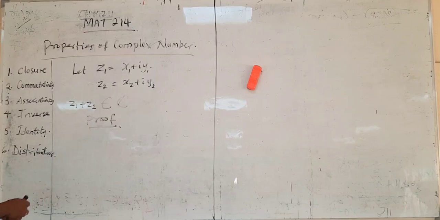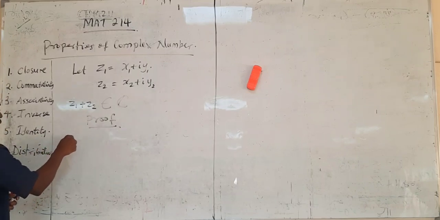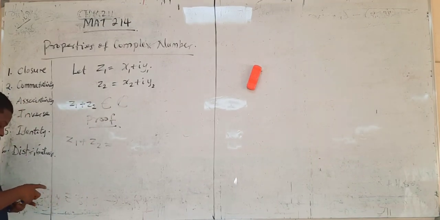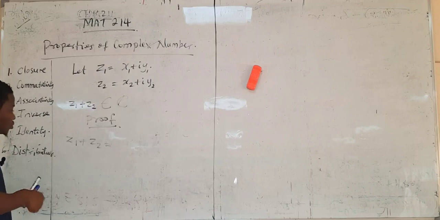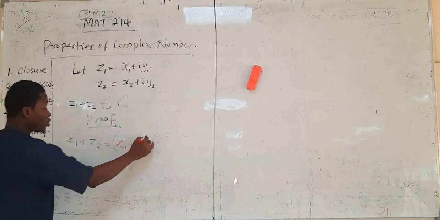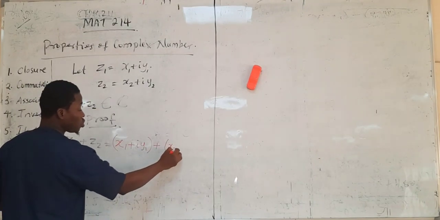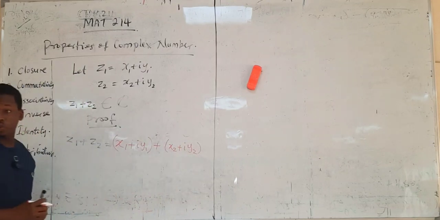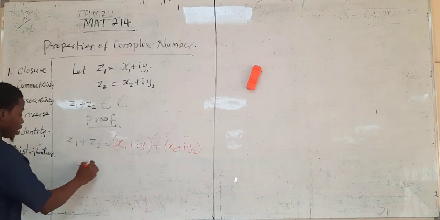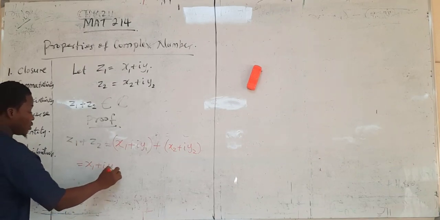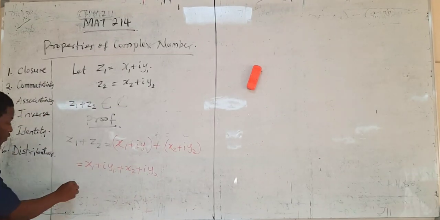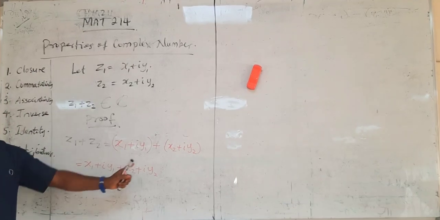Now, the proof for this is this. If we add z1 plus z2, which is equal to x1 plus iy1 plus x2 plus iy2. We open the bracket, so we now have the real part and the imaginary part.